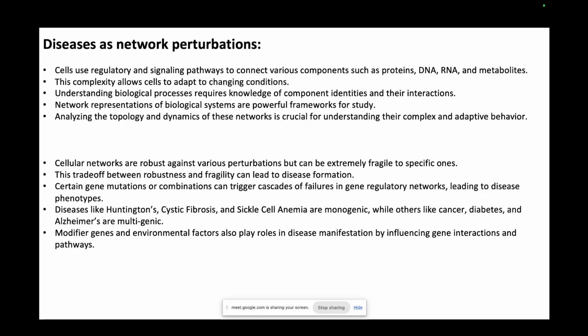Cells use regulatory and signaling pathways to connect various components, which can be DNA, RNA, metabolites, etc. Understanding biological processes requires knowledge of component identities and interactions. Network representations of biological systems are a powerful framework for the study of these interactions, right? Analyzing the topology and dynamics of these networks is crucial for understanding their complexity and adaptive behavior.